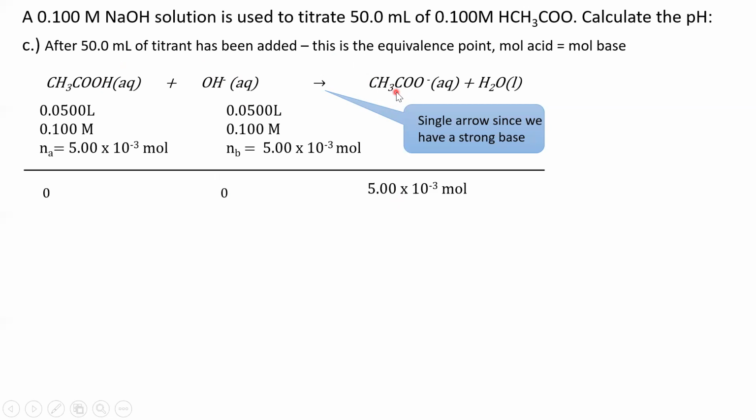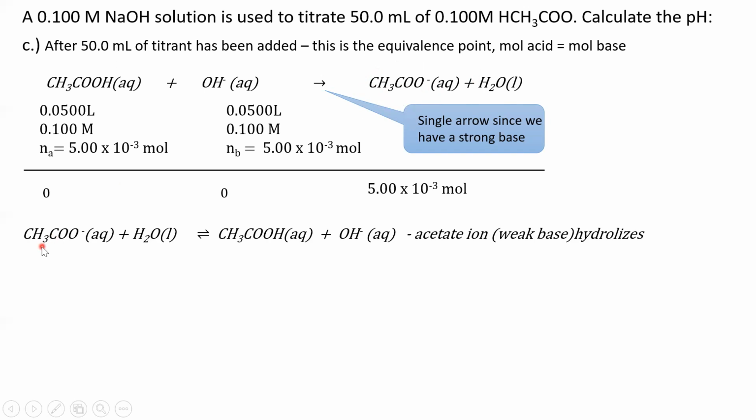Okay, well, we can't figure out the pH from this number. We can only figure out the pH if we know the hydronium ion and the hydroxide ion. So we're going to have to take this another step and think about what this acetate will do in water. Well, the acetate will react with the water.